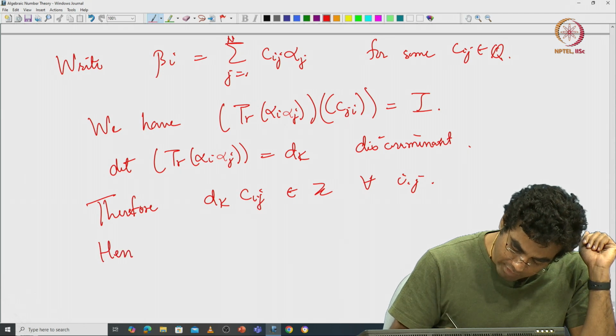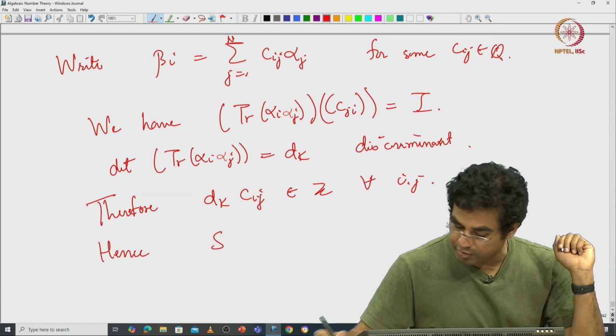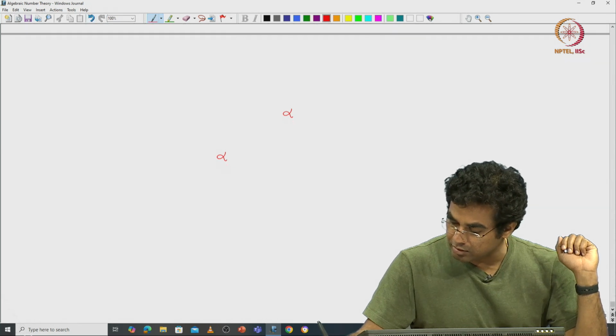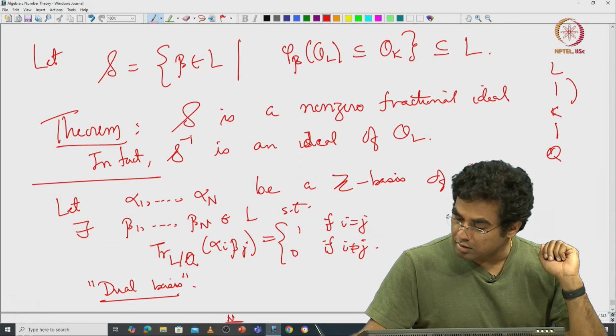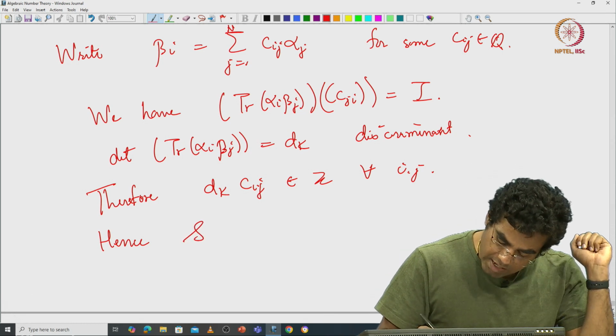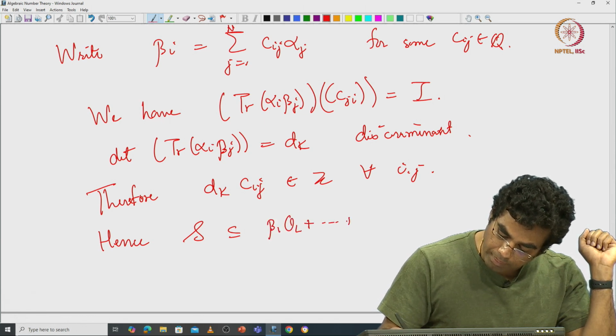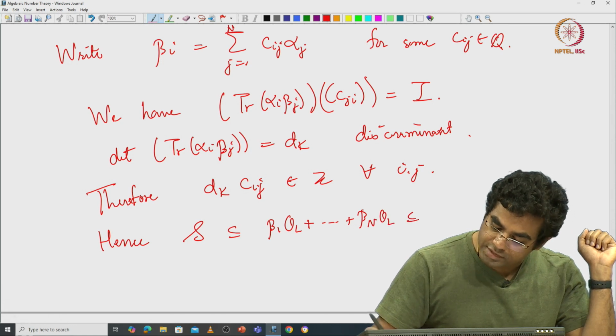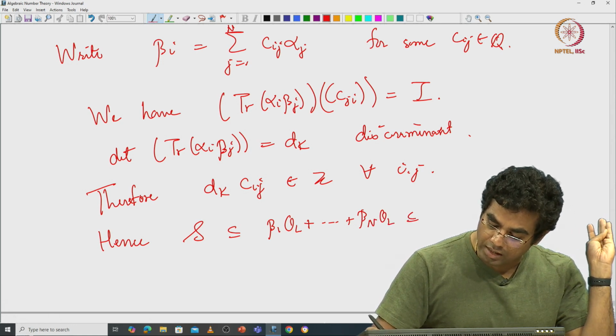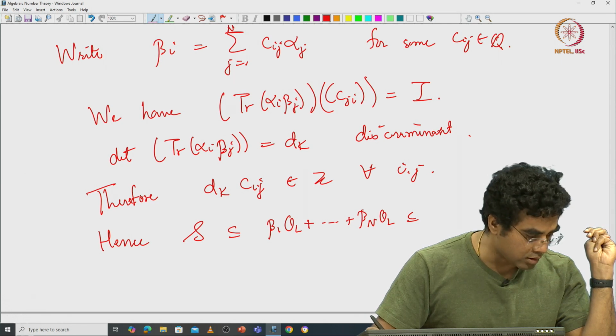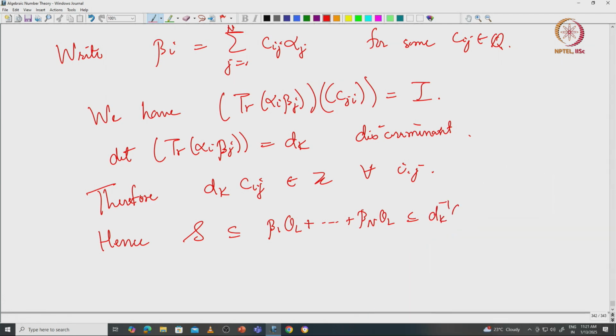Hence, this set S that we had before is contained in the OL module generated by the betas, which itself is contained inside d_K inverse times OL. So, hence S is a fractional ideal.